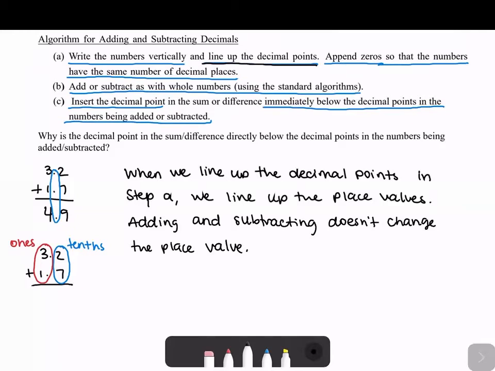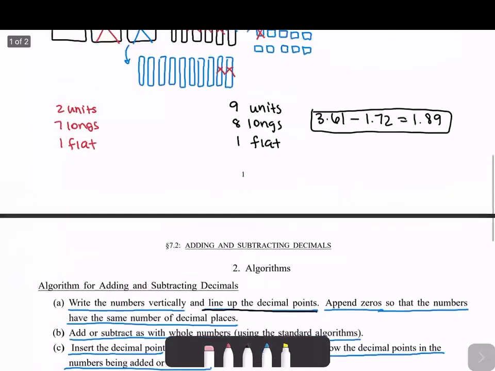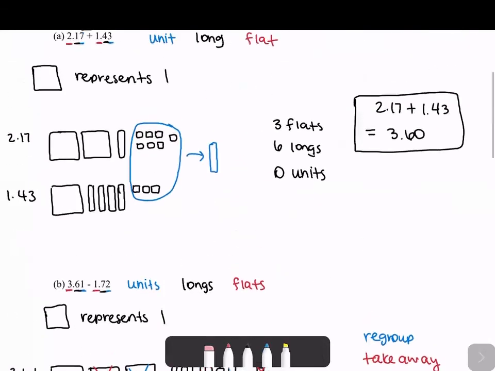Adding 2 tenths and 7 tenths doesn't suddenly, instead of making 9 tenths, make 9 ones. That doesn't make any sense. And you can see this especially when you use the base blocks. When we add longs, we still get longs, and nothing changes.